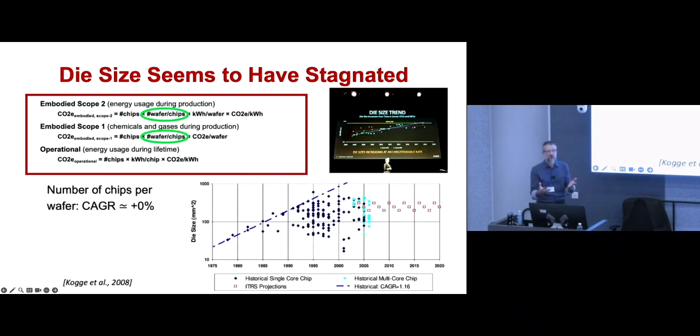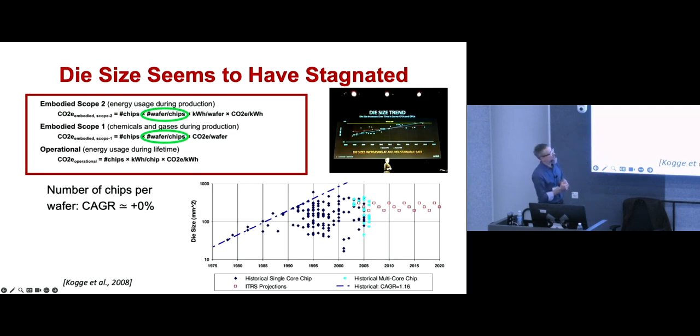So how many wafers do we need to produce those chips? That's related to the size of the chips that we are producing. The larger the chips, the more wafers we need to produce all those chips.